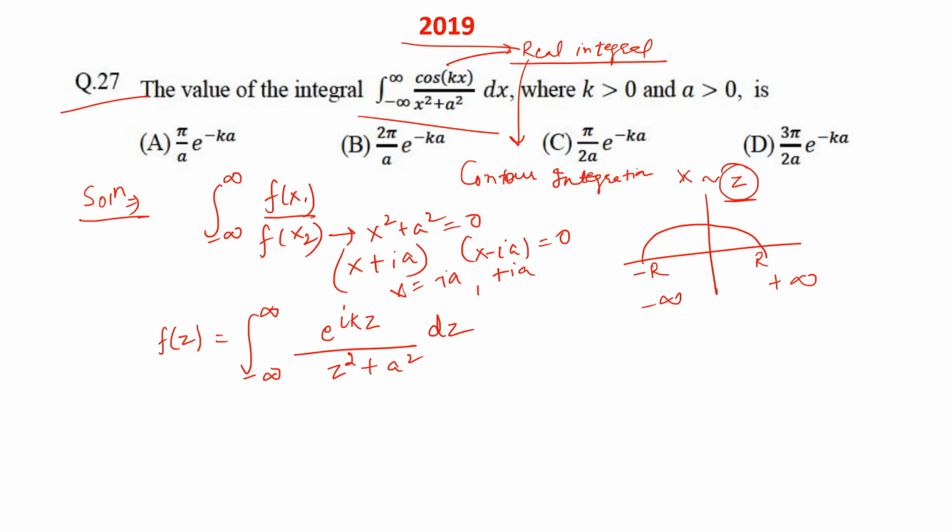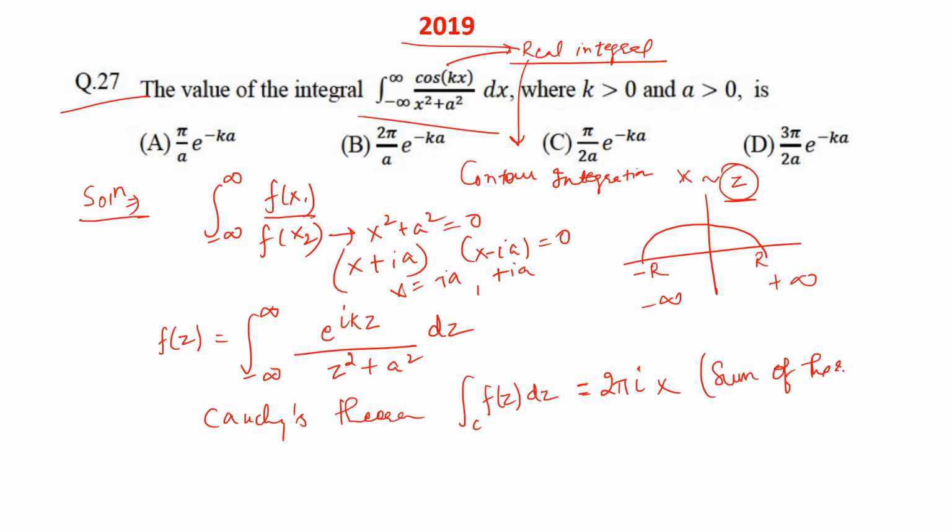To solve this, we will apply Cauchy's theorem, which says the contour integral of f(z) dz is equal to 2 pi iota times the sum of the residues of f(z) at the poles within the contour.